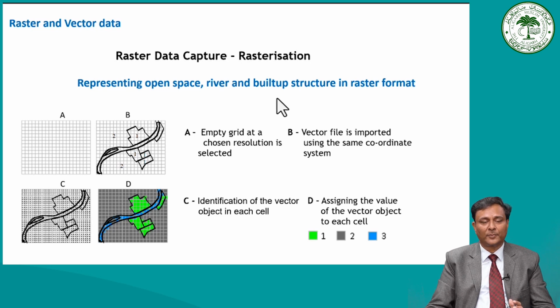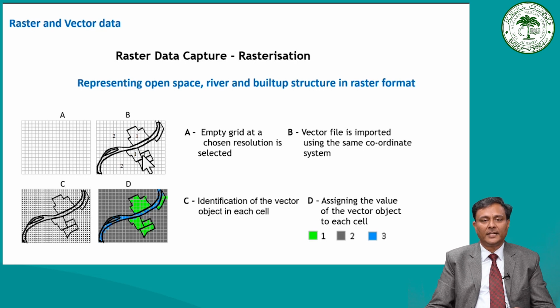So how are we proceeding with it? This picture will give you a good idea of how data is represented in raster format. So here we are assigning 1 as the built up structures, 2 as the open space and 3 as the river, you see here. Then the first grid cell, the A block, is representing the first grid cell which is acquired.